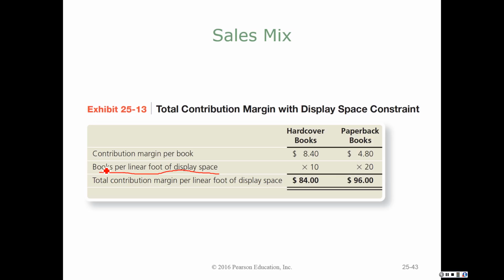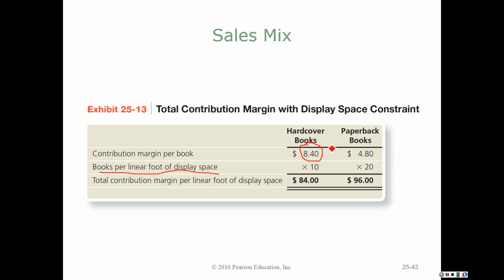Okay, so if our contribution margin for hardcover books is $8.40 and my contribution margin for paperback is only $4.80, then this is where we want to focus our time. If we have unlimited book space, and if selling only hardcover books wouldn't impact my sales otherwise.